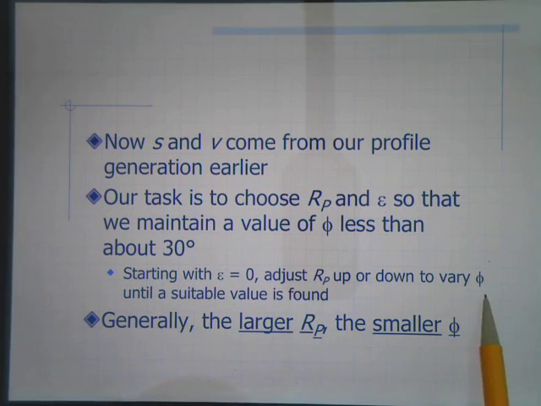At some point, we should have an RP big enough to have a phi that's less than 30 for the entire profile, the entire 360 degrees of cam rotation. Generally, the larger our RP, the smaller our phi, or our pressure angle, will be.